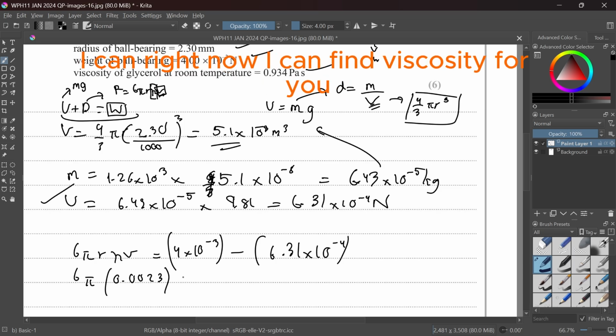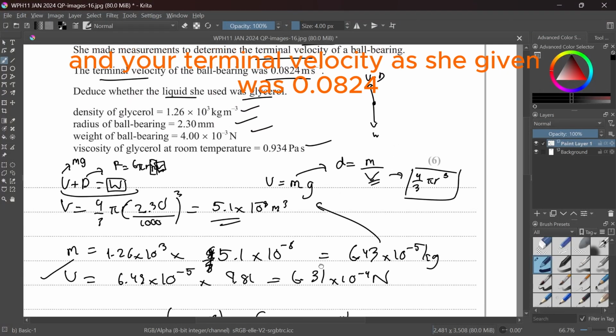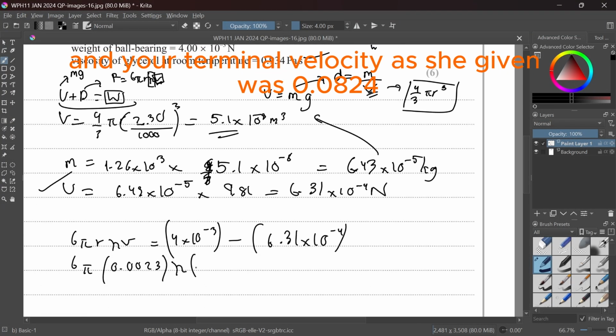You can find viscosity or terminal velocity. Right now I can find viscosity for you. Your terminal velocity as given was 0.0824.